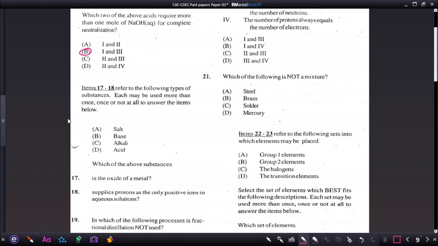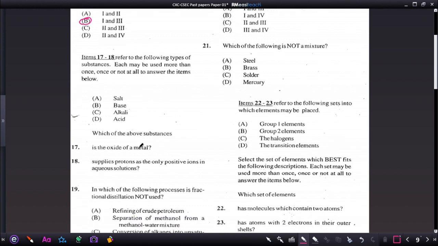Items 17 to 18 refer to the following types of substances. Each may be used more than once, or not at all, to answer the items below. So here we have salt, base, alkali, and acid. Which of the above substances is the oxide of a metal?